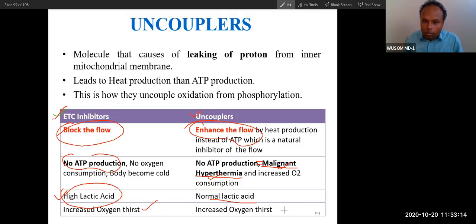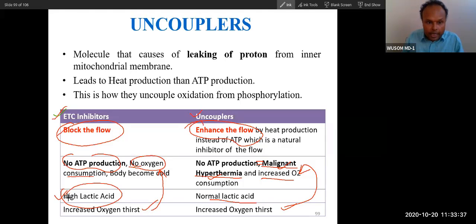Oxygen thirst will be increased in both cases, because here the reason is oxygen is not utilized, no oxygen consumption. Here there is increased oxygen consumption. The reason is different, but symptomatically you will see the patient breathing very fast.